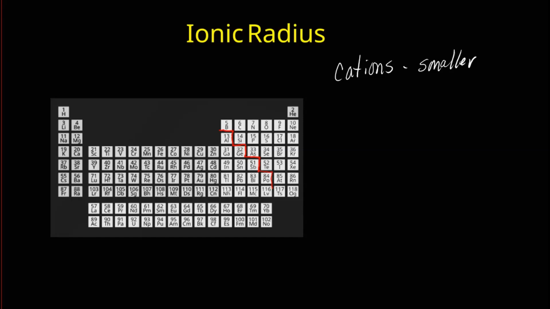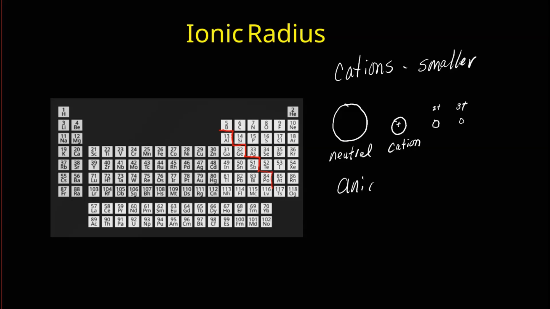So, for example, a positive ion, a cation, will be much smaller than the neutral atom it was derived from, because the remaining electrons are pulled more closely inward. The more positive it is, for example if it's a positive 1, but if it's a positive 2 or positive 3, it gets smaller and smaller and smaller because the remaining electrons are pulled so tightly.